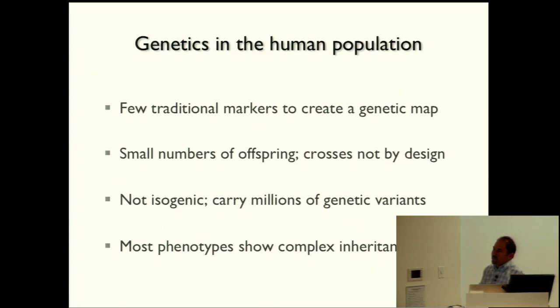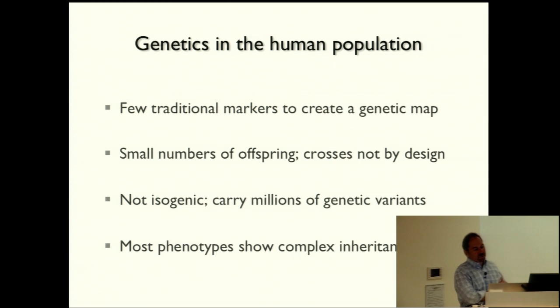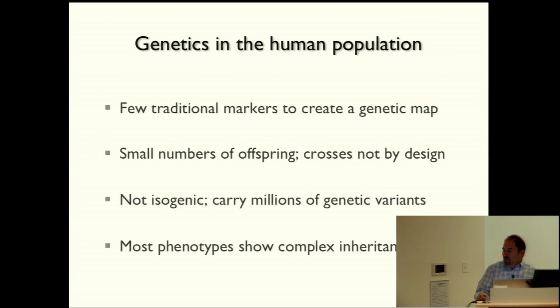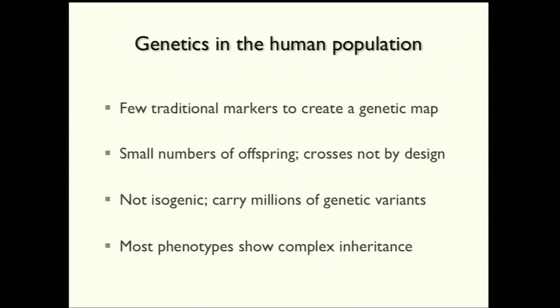So the trouble with doing this in the human population, I've been talking about model systems, is that first of all, having a genetic map required that there be markers that were inherited and could be traced through the generations of map positions. In Drosophila, these were things like curly wings or white eyes. They were phenotypic markers. In humans, they were phenotypic markers like ABO blood group or later the HLA markers.